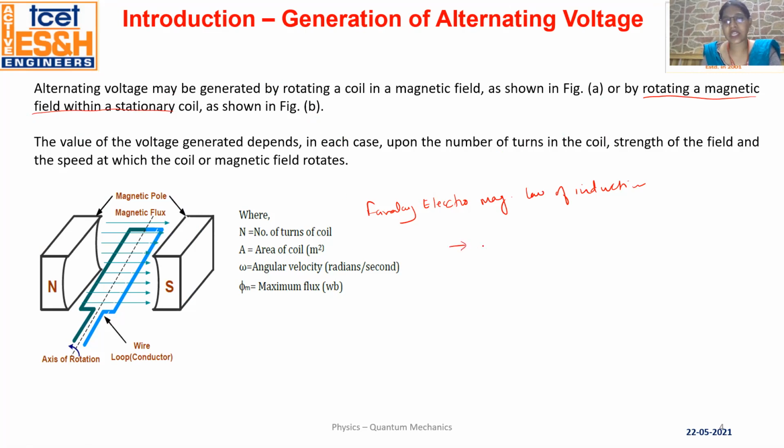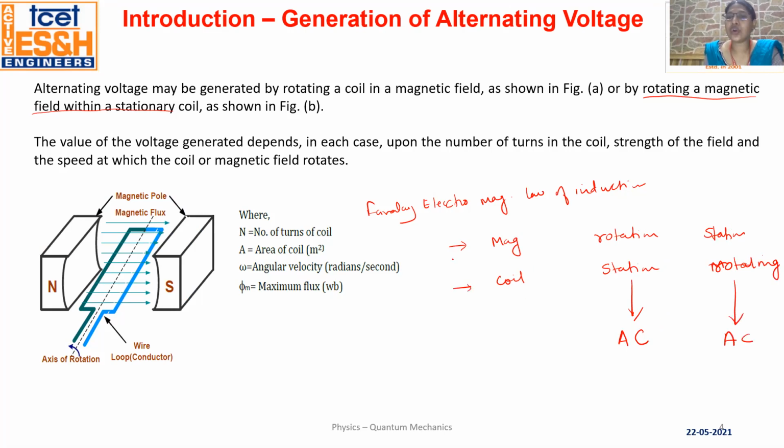So in the first case, the magnetic field is rotating and the coil is stationary, so you will get an alternating waveform. Whereas if you keep the magnetic field stationary and the coil is rotating, then again there is generation of AC.